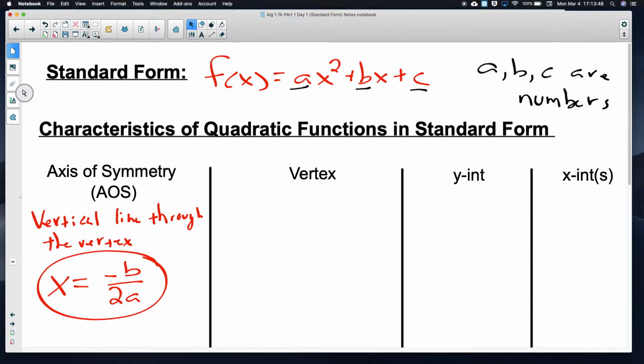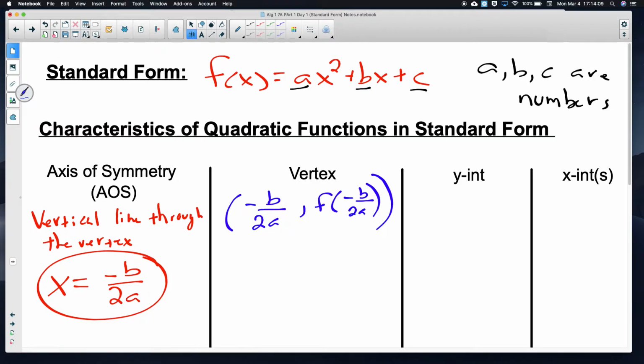For the vertex, remember that the x-coordinate is your axis of symmetry, because the AOS has to go through your vertex. So the x-coordinate is always going to be negative b over 2a. And then to figure out the y-coordinate, you're going to plug negative b over 2a into your function.